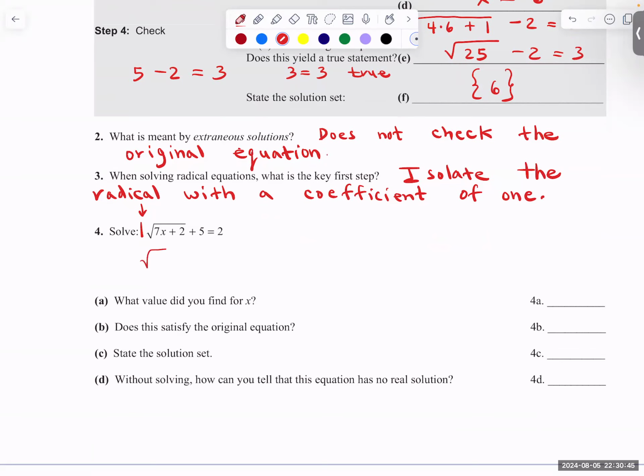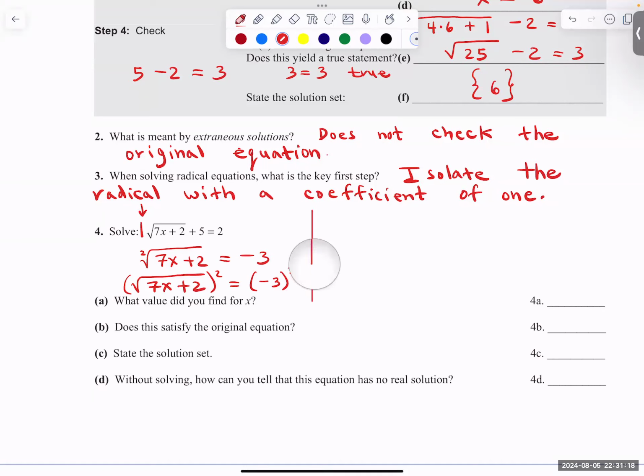So we'll have the square root of 7x plus 2, and 2 subtract 5 is negative 3. Since the index is understood to be a 2, we'll use the power rule and square both sides. In other words, square negative 3 in parentheses and square the square root of 7x plus 2.